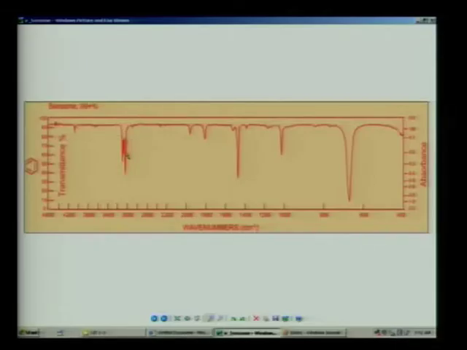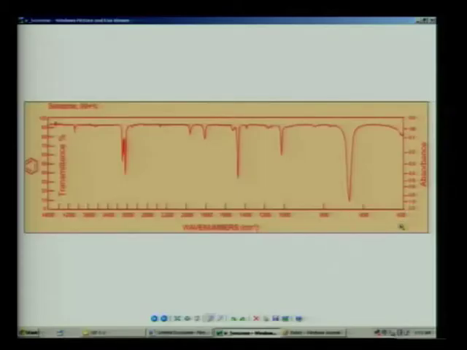The transmittance percentage is given from 100% transmission, which means no absorption, to less and less transmission. Therefore this can be converted into absorbance. This is nothing but quantifying the intensities, absorption intensities, and on this axis what you have is the wave numbers. Here the wave numbers decrease.